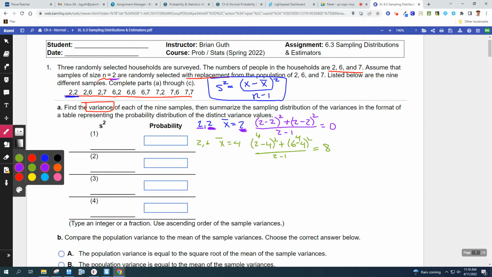All right, so then you got this one, 2, 7. So the next one is 2, 7. Find the mean. 7 plus 2 is 9, divided by 2 is 4.5. Here, your mean is 4.5. So this variance formula, we're going to take our x number.